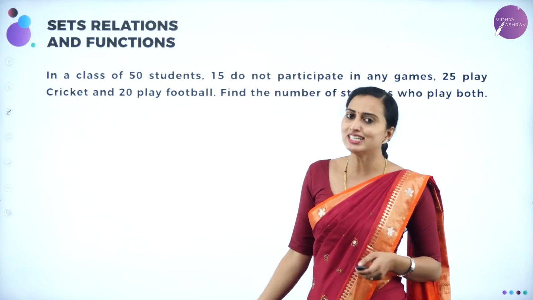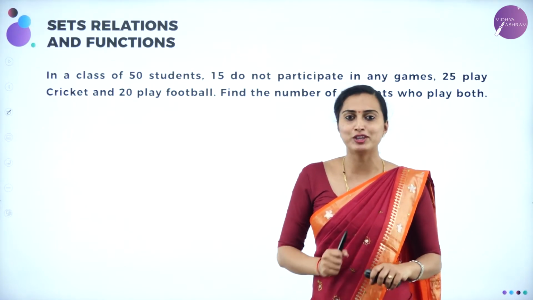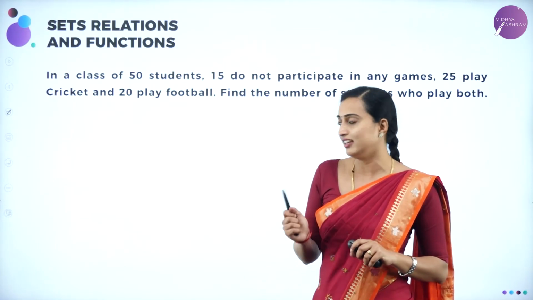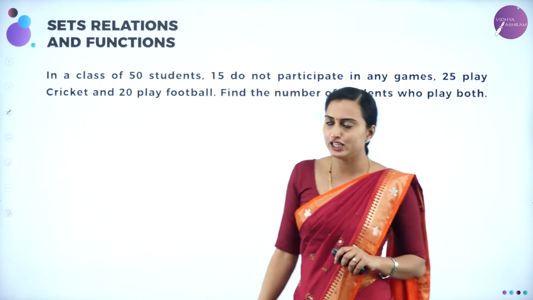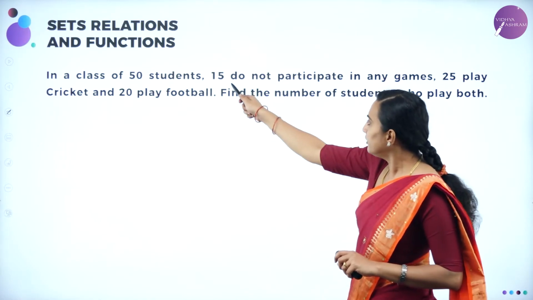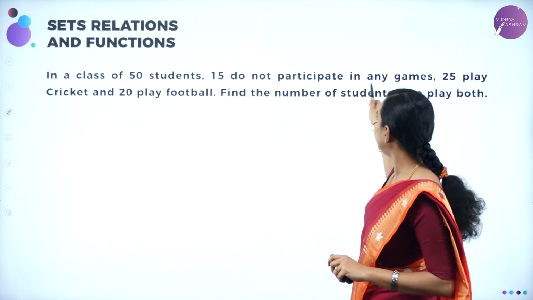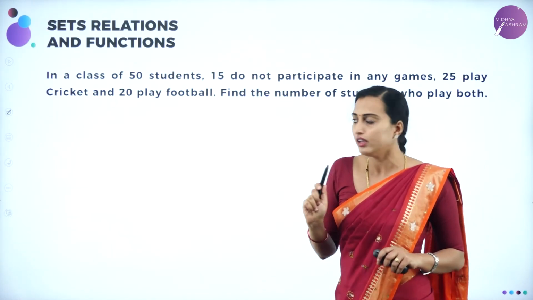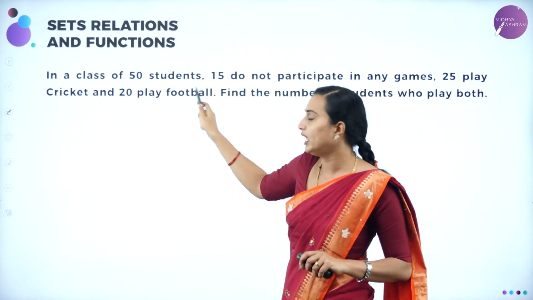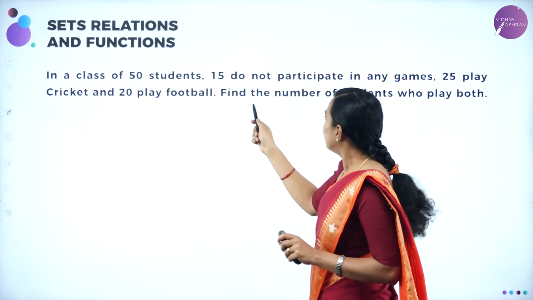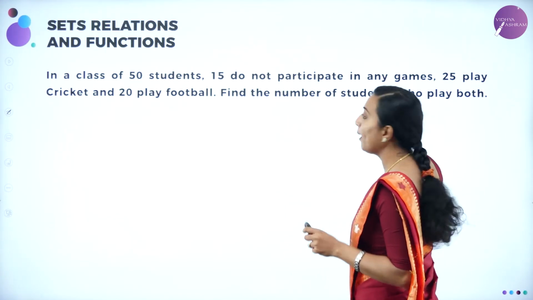Now let us look into how we are going to solve a problem by using those formulas. Here, in a class of 50 students, 15 do not participate in any games, 25 play cricket, 25 play football. Find the number of students who play both.